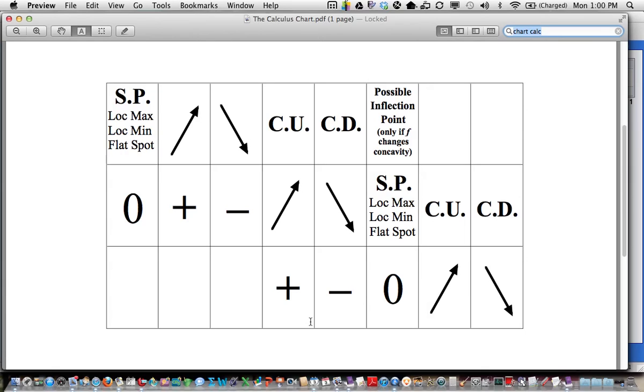That's not what it says. It said it has a local max or a local min. What's it missing? Flat spot. If f prime is 0, then it's a local max, a local min, or a flat spot. Okay? That's a true statement. The way they wrote it, it's a false statement. Okay? And then C is also false. It's concave up not when f prime is positive, but when f prime is increasing.